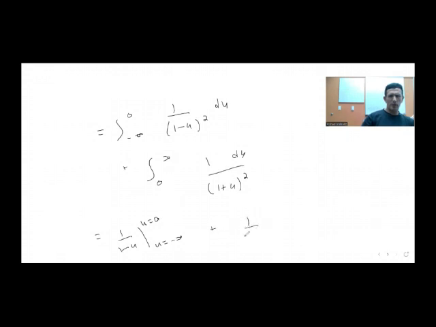Same thing here, except you get a minus, so that means it goes from 0 to infinity. So it's 1 minus 0. So it's 2. So actually, the L2 norm is 2 to the 1/2, the square root of 2.